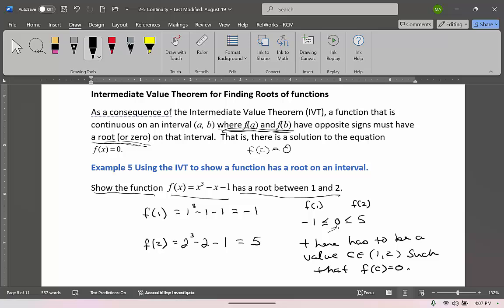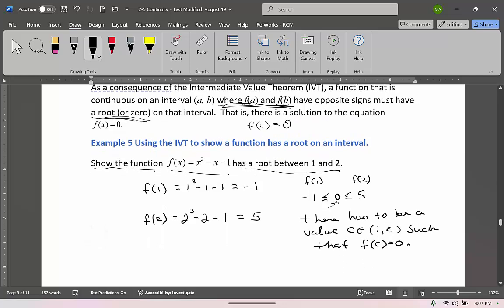Okay, so the intermediate value theorem basically shows us that there has to be a 0 somewhere between 1 and 2. Now, it doesn't tell us what the 0 is, but it narrows it down.